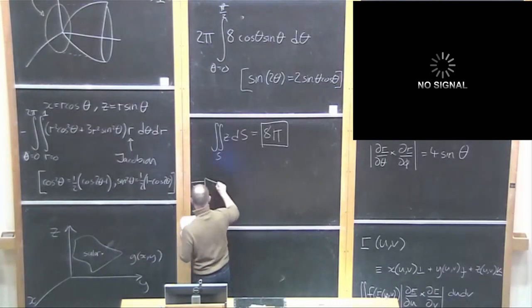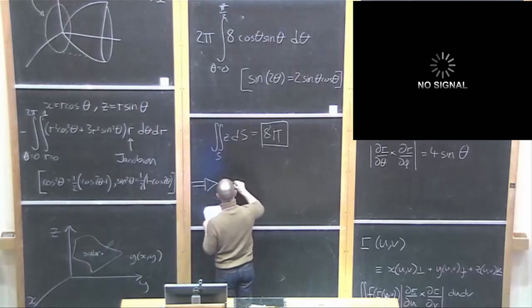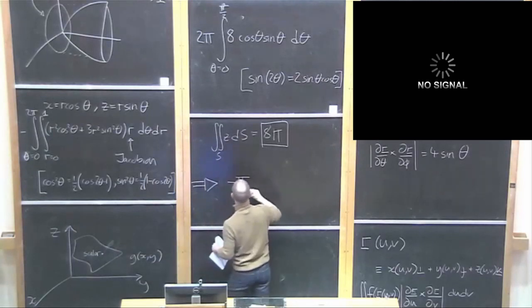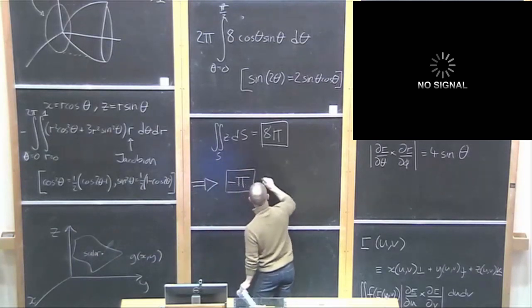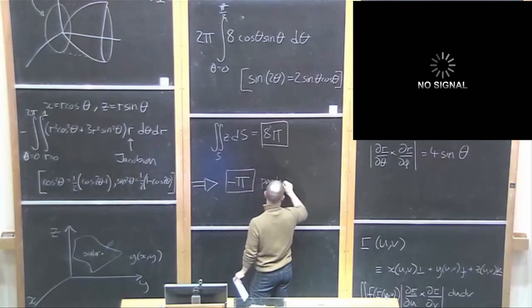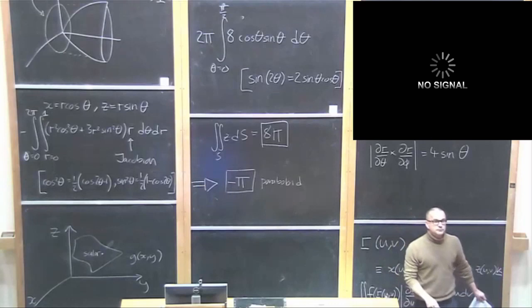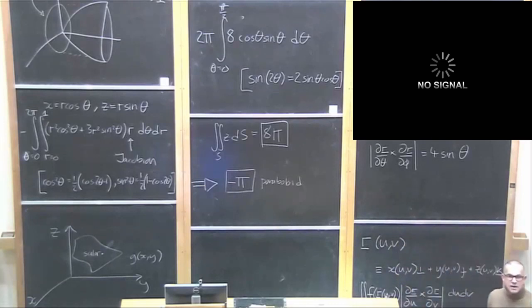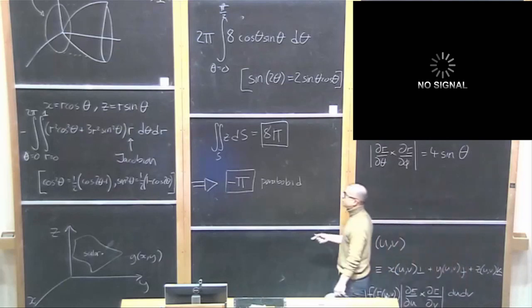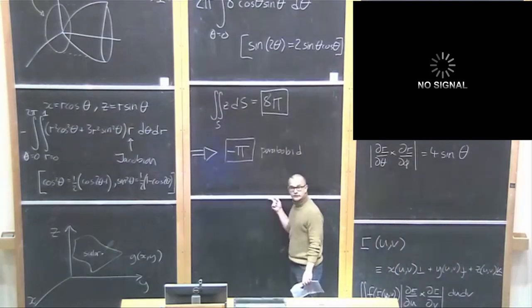And you end up that the vector surface integral for the paraboloid is minus pi. Okay? So that is the numerical value of the flux of that vector field through that surface.